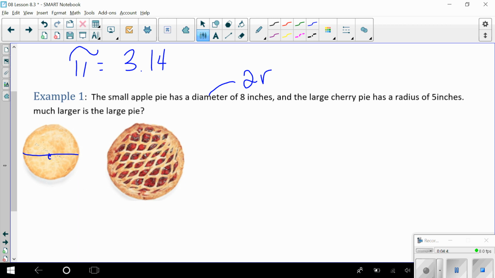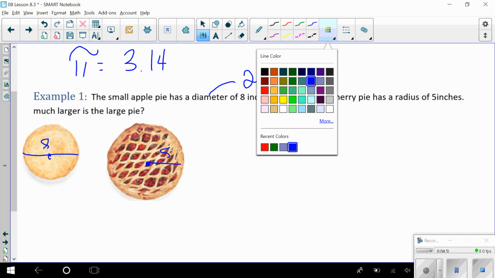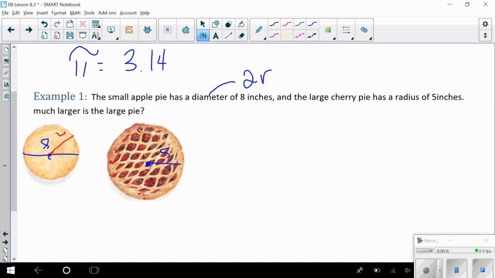So the diameter is 8 inches, and the large cherry pie has a radius of 5 inches. So the cherry pie has a radius of 5 inches, and the small pie has a radius of 4 inches. So the diameter is 8, and the radius is 4.